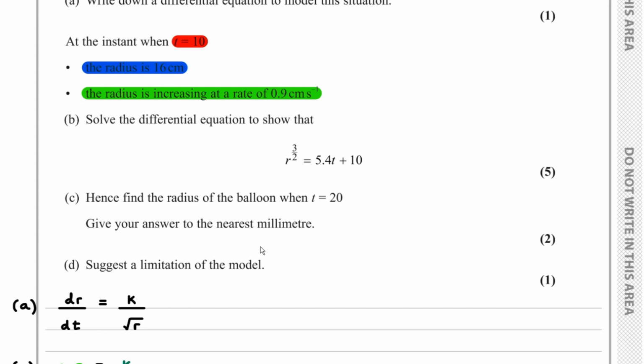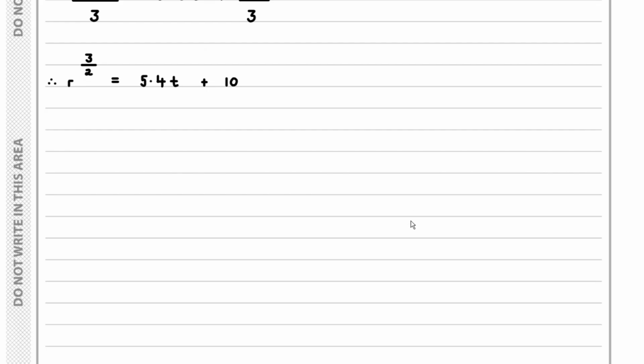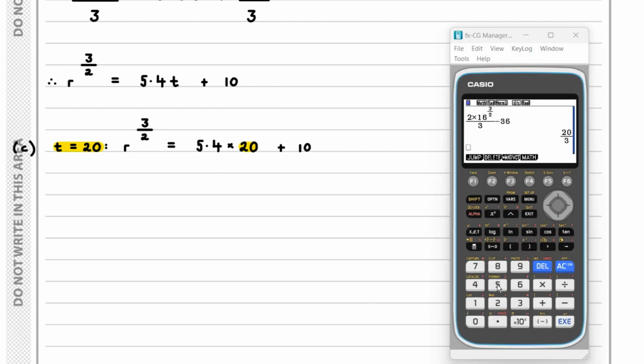Part C. Hence find the radius of the balloon when t equals 20. Give your answer to the nearest millimeter. When t equals 20, we have r to the 3 over 2 equals 5.4 multiplied by 20 plus 10. So now let's solve for r. If I do 5.4 multiplied by 20 plus 10, that's equal to 118.